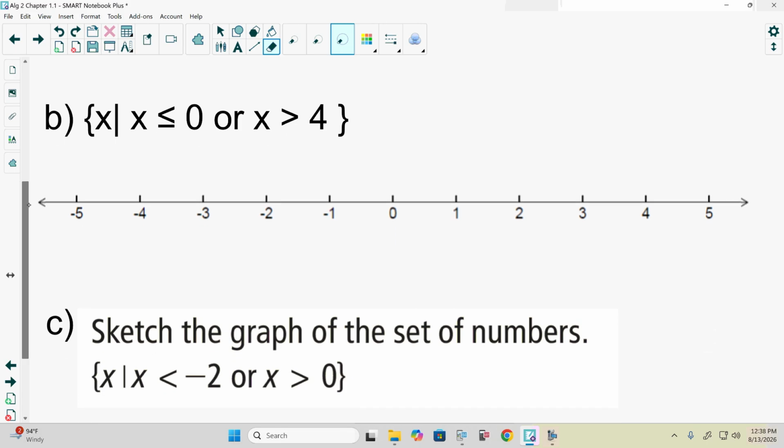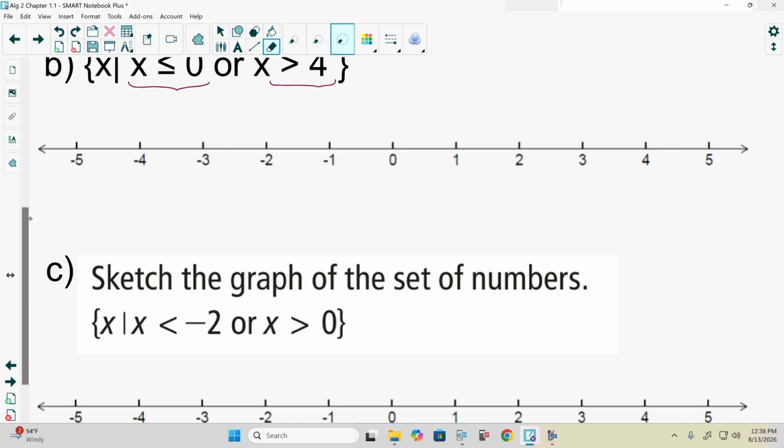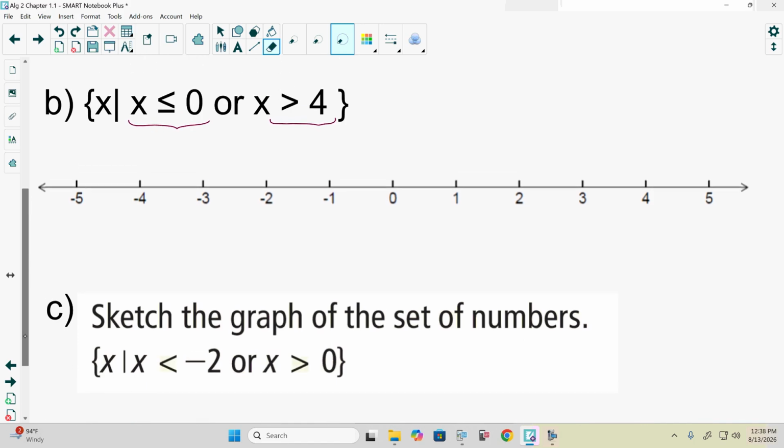B, we have a compound inequality. For all real numbers x, such that x is less than or equal to 0 or x is greater than 4. We have two unbounded intervals. Yes? X is less than or equal to 0.